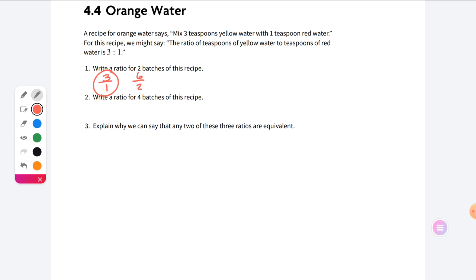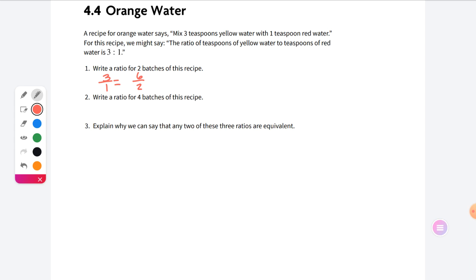Equivalent to 3 over 1. Oh, sorry, I didn't read the question. I'm on the next question. Next one, write a ratio for 4 batches. I was thinking it asked for equivalent ratios, but that's the next page.